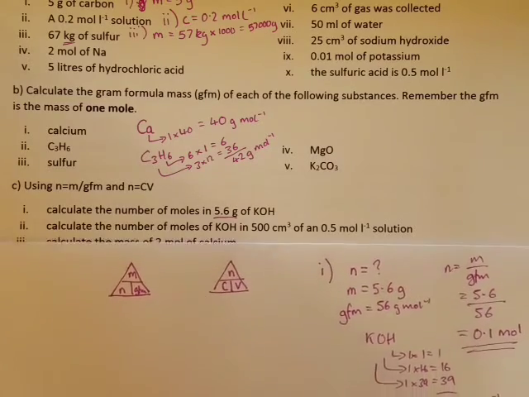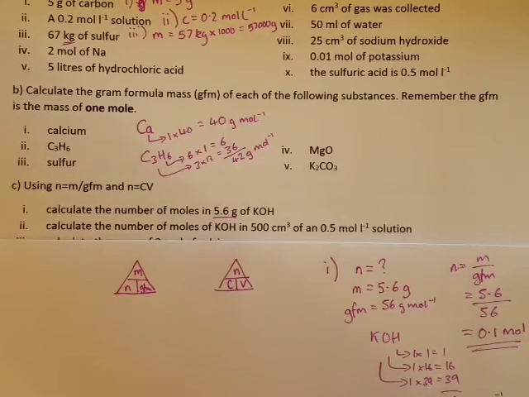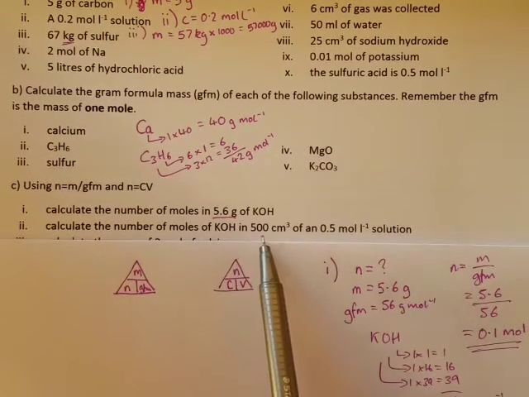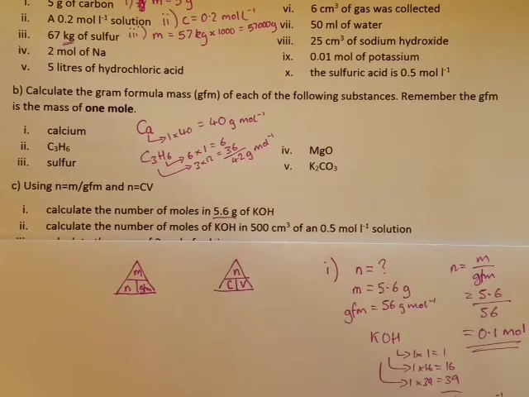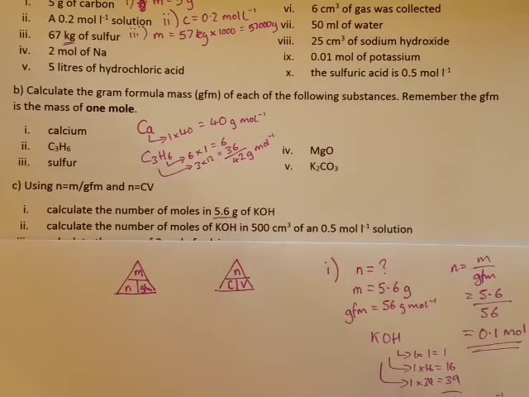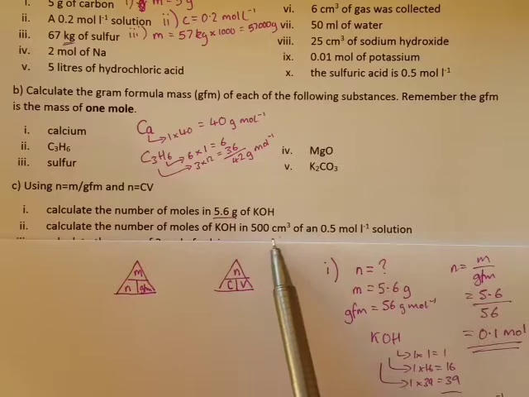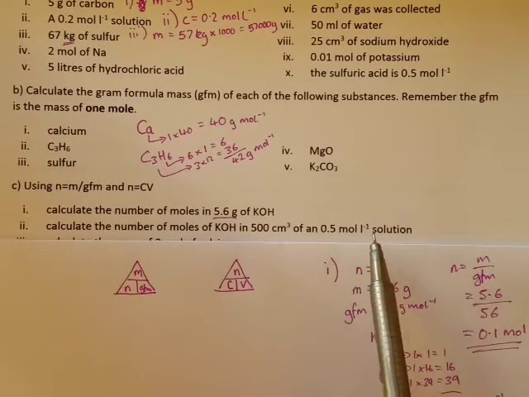Okay, so I'm hoping that you're going to get on okay with the rest of these. Just to get you started on part 2 of C, it says calculate the number of moles of KOH in 500 centimetres cubed of a 0.5 mole per litre solution. So again, in your data column, you're looking for the number of moles. You're given 500 centimetres cubed and you're given 0.5 mole L to the minus 1.